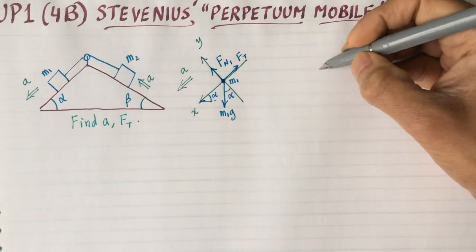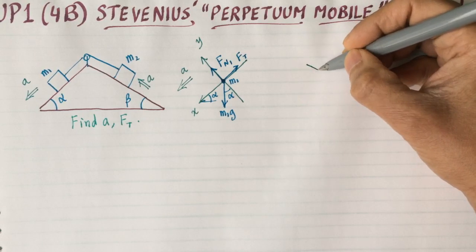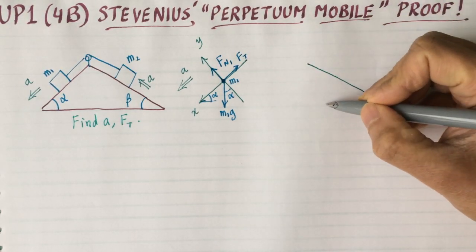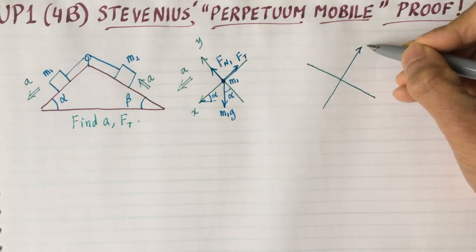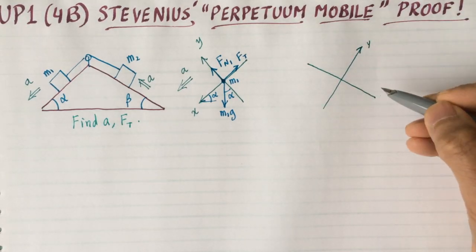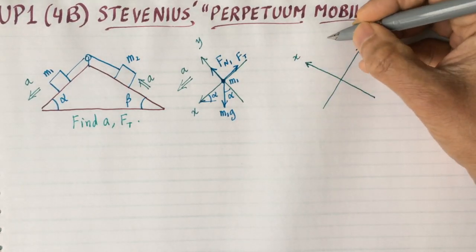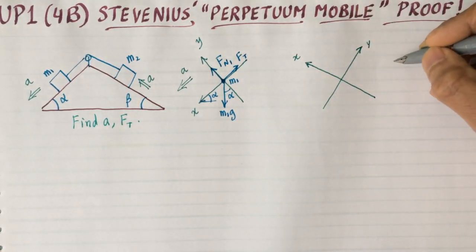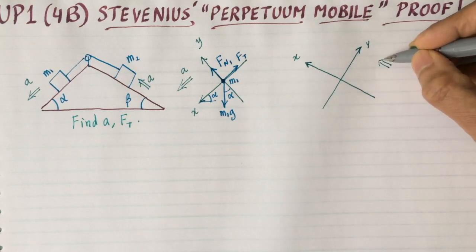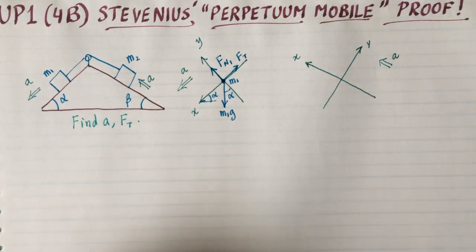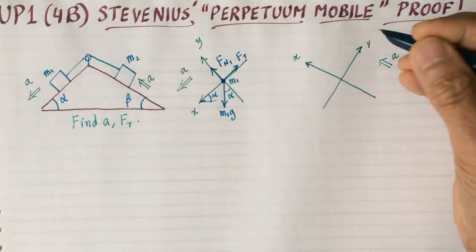We can draw exactly the identical picture for the other incline, the gently sloping incline. Because it's accelerating this way, I'll take the x-axis to be along the direction of acceleration. That's always been my convention with drawing these free body diagrams. So now let's put the forces acting on m2.